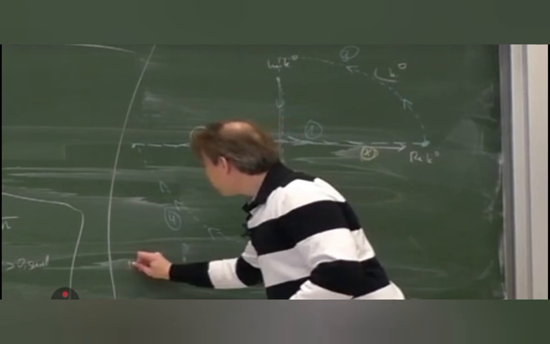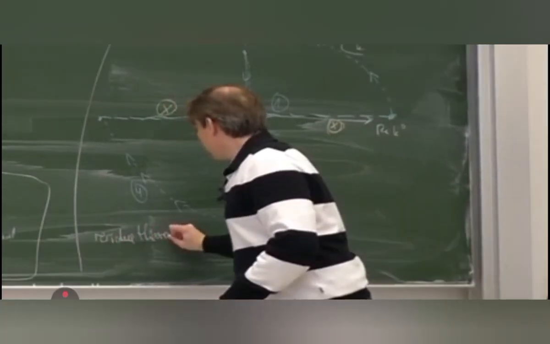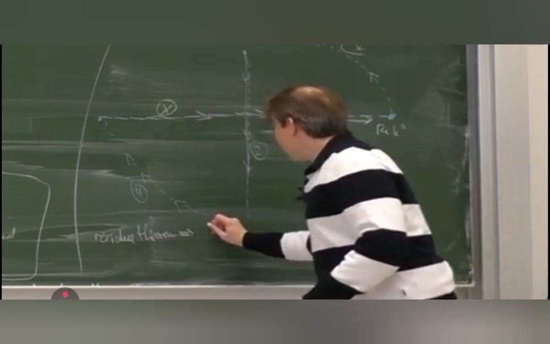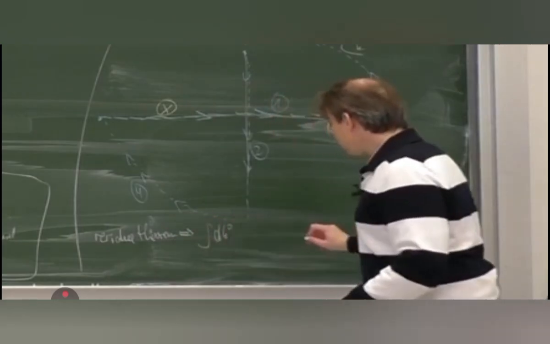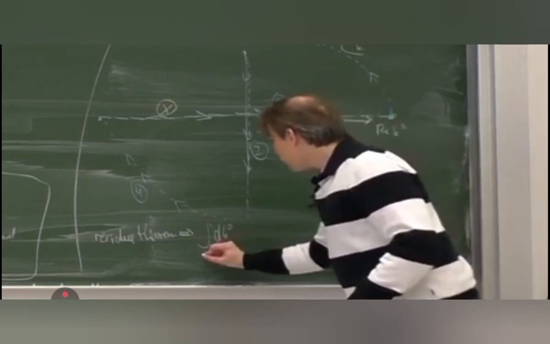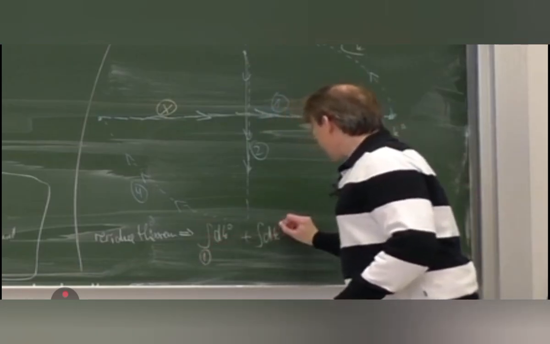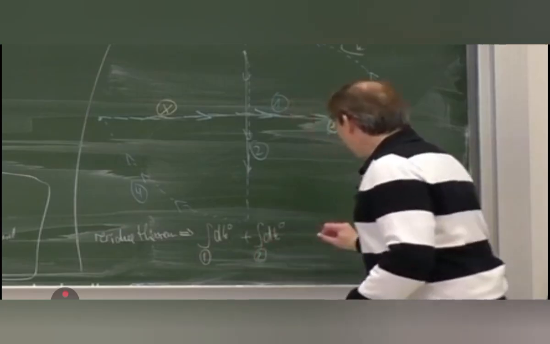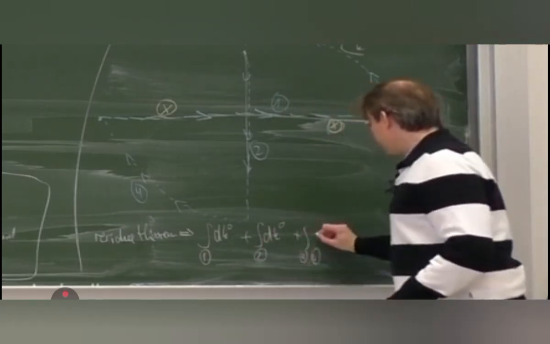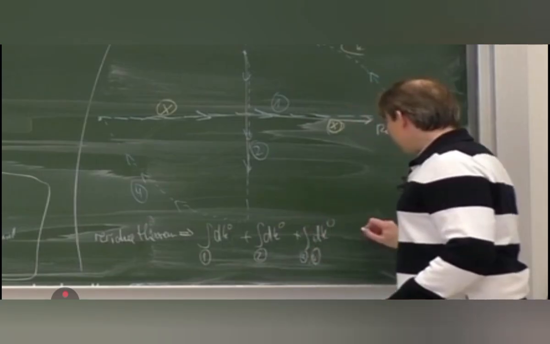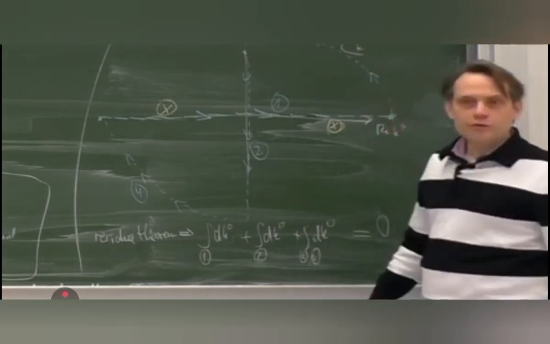The residue theorem tells us that the integral over K0 over path 1 plus integral K0 path 2 plus integral path 3 and 4 of our integrand, of course, that sum vanishes.